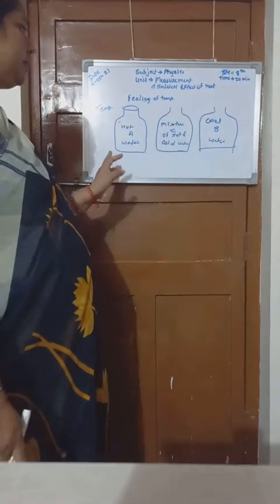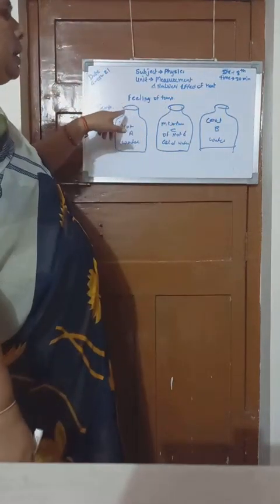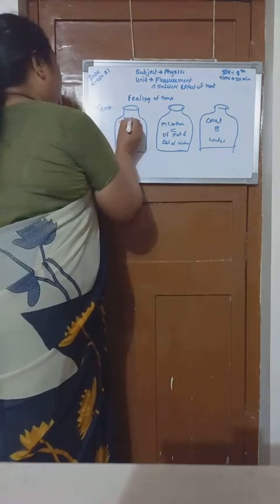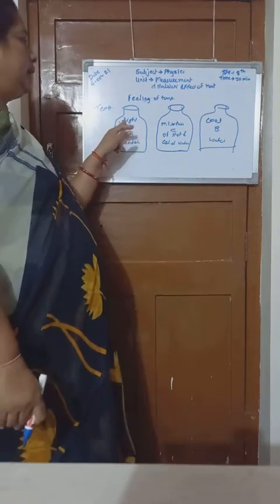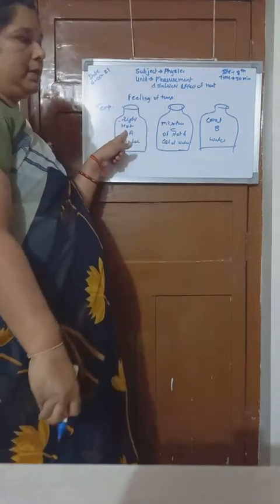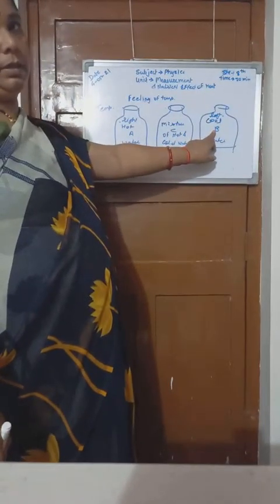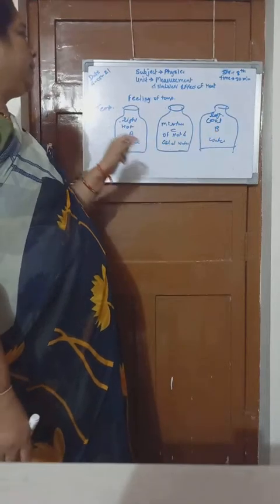Okay. Then immerse your right hand in vessel A. That is, we feel hot. Immerse your right hand in vessel A and immerse your left hand in vessel B. Okay, got it?